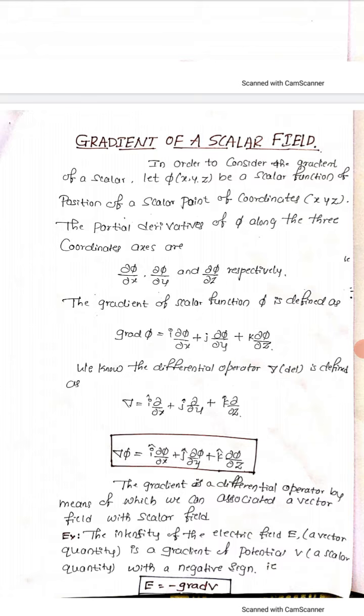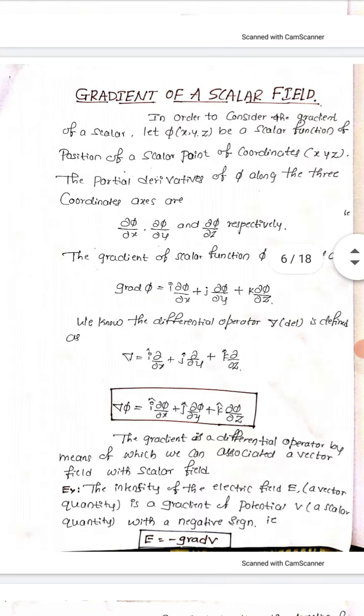The partial derivatives of psi along the three coordinate axes are ∂ψ/∂x, ∂ψ/∂y and ∂ψ/∂z respectively.